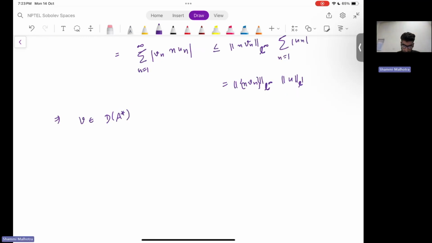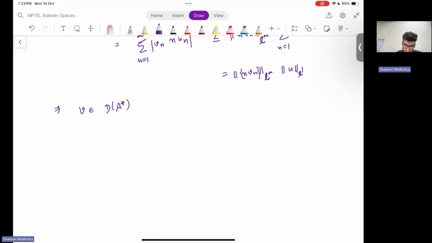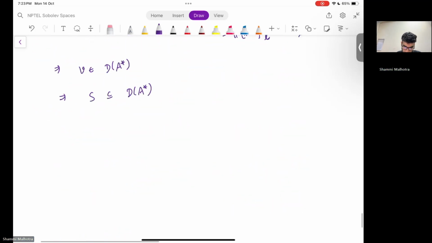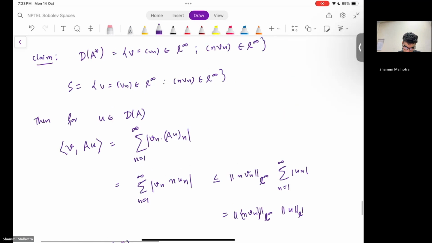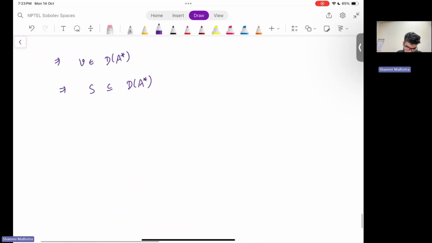So this proves that S is a subset of D(A) star. Next we try to prove the other side inclusion. Let v be from D(A) star.